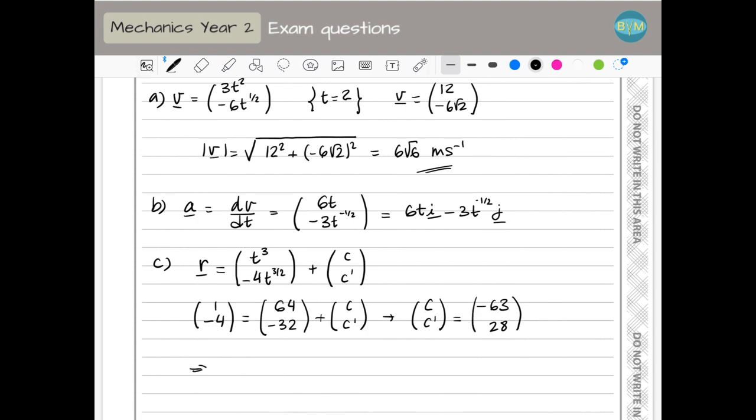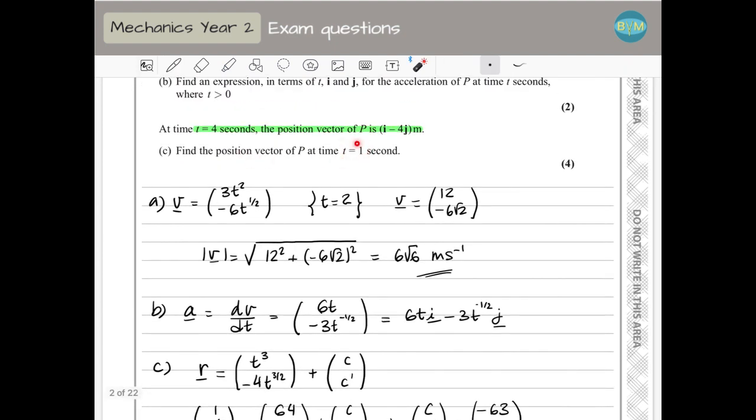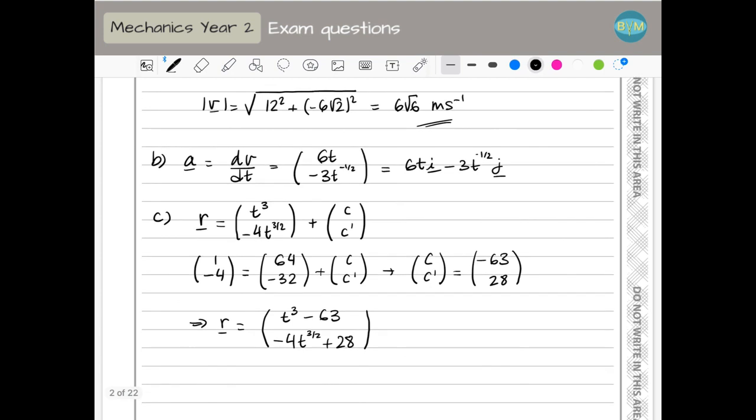Which means my position vector is t cubed plus this constant of integration, minus 4t to the power of 3/2 plus 28. And now I can find the position vector at any time, because they asked me to find the position vector at time t equals 1 second. So I'm going to substitute t by 1.